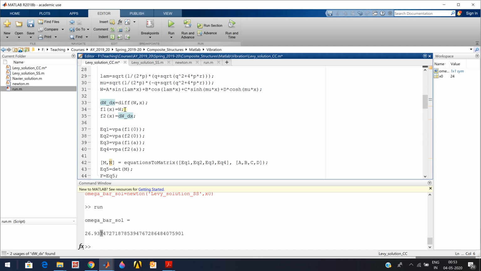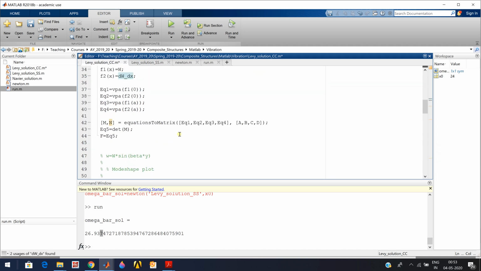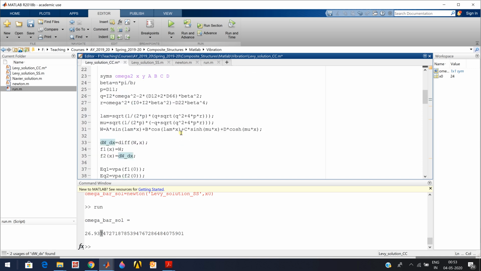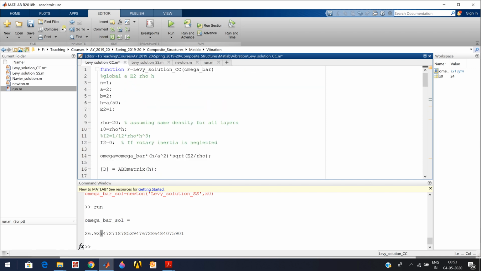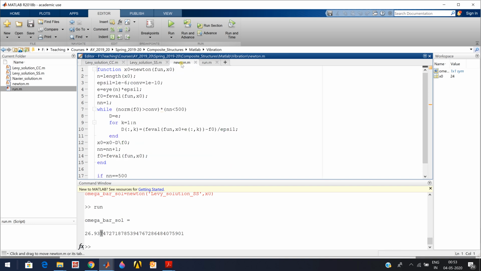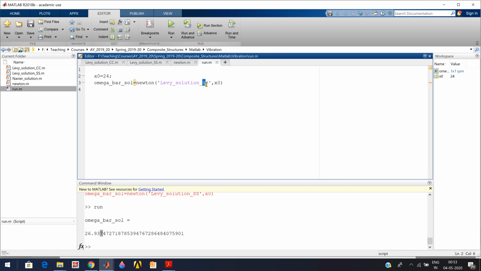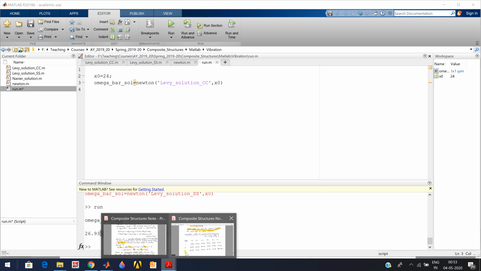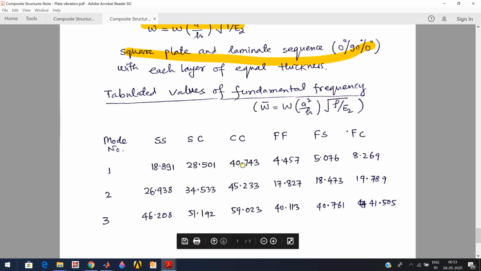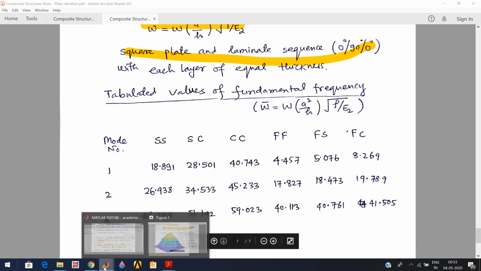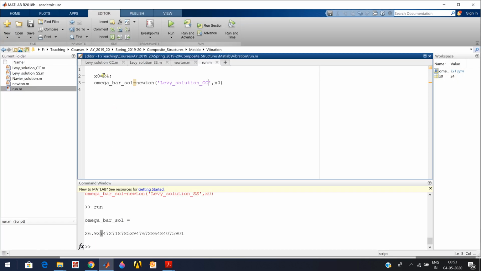The slope will be 0, the deflection and the slope, and nothing else changes, everything is the same. In Newton it is the same, only run. You have to change this file to CC, and let me check the value 40.74. So you can give some close number to get a quick answer. Let us say 39 or something.